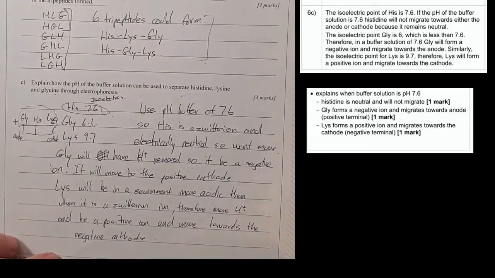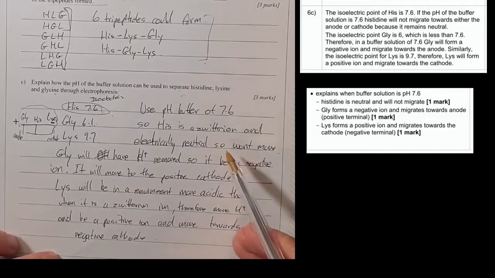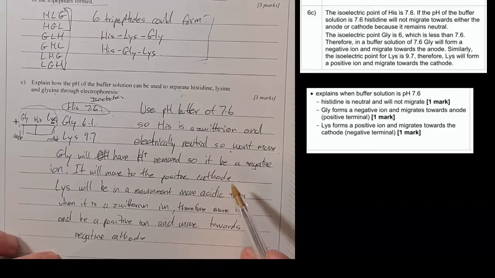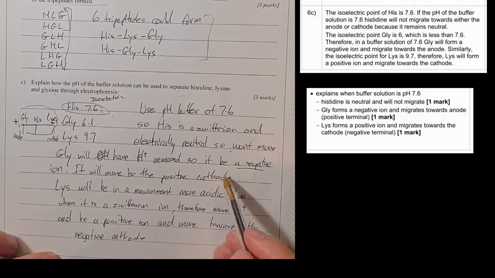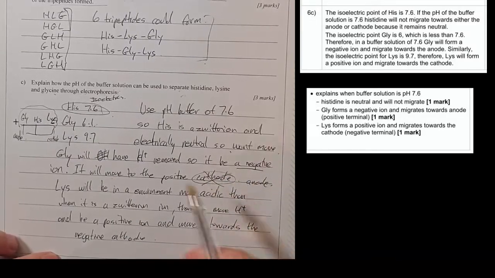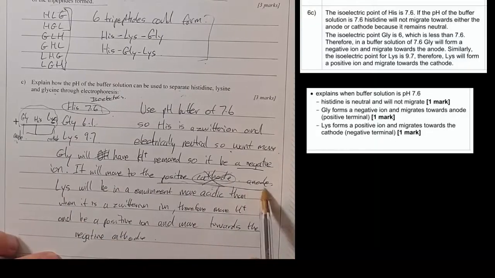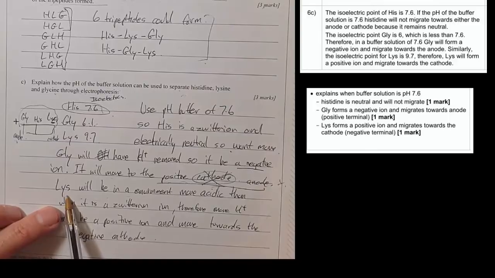It's worth a lot. All right, so mark scheme explains where buffer solutions: histidine is neutral and does not migrate. Got that. Glycine's negative and goes to the anode. Glycine's negative. Ooh, move to the positive. Ooh, I said cathode. Oops, I meant anode. I wrote it all there. Doesn't make sense. Ouch. I think I might lose a mark for that. I wasn't watching when I was writing.